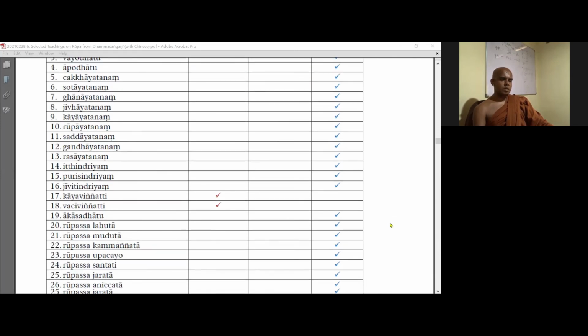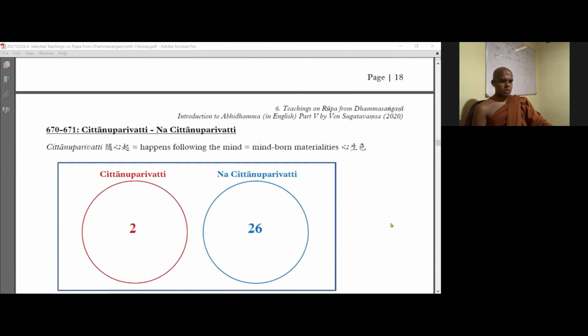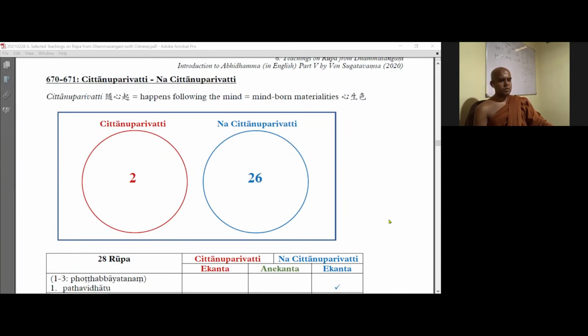About the next classification, Chittanuparivatti and Na Chittanuparivatti. Chittanuparivatti means happening following the mind. Na Chittanuparivatti means happening not following the mind.